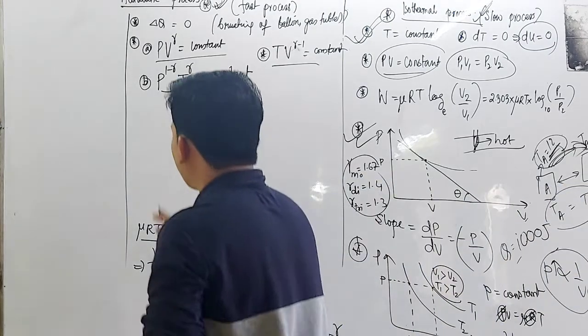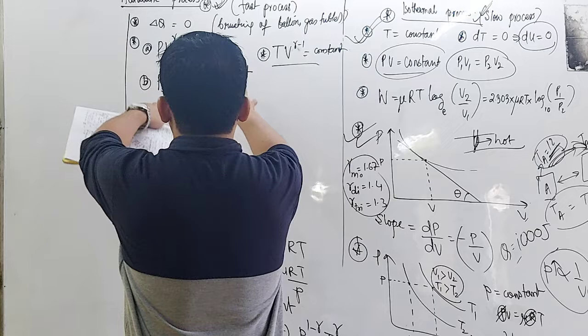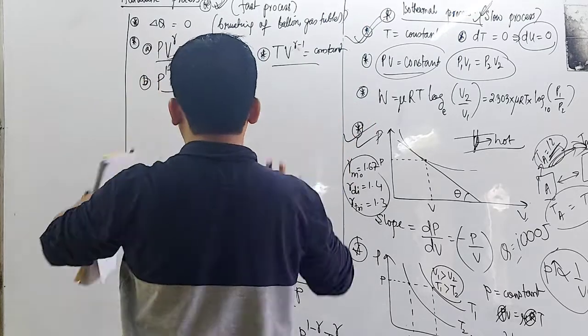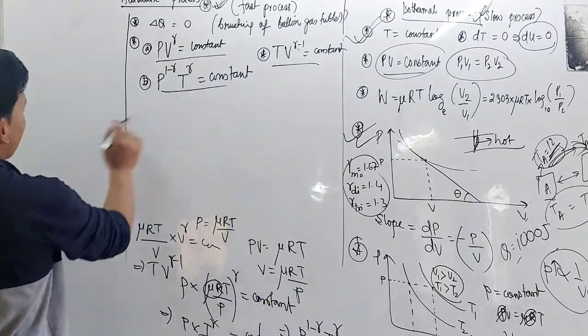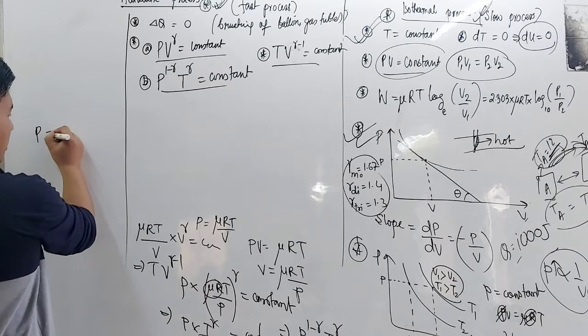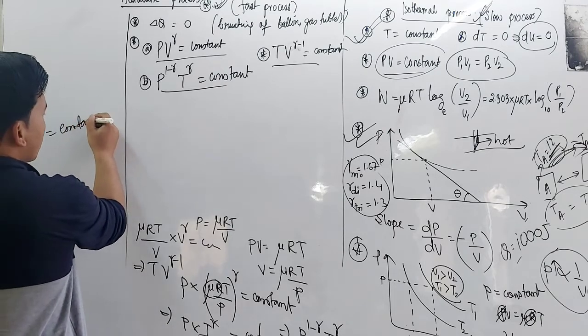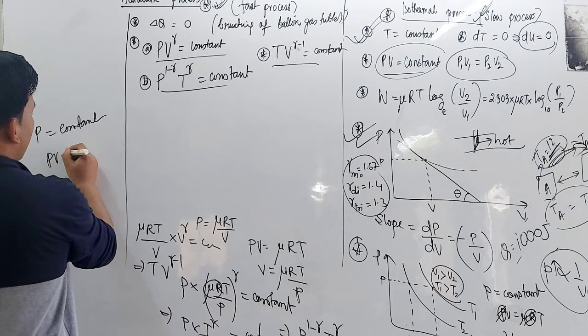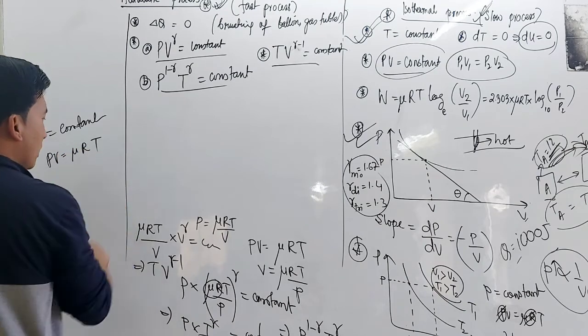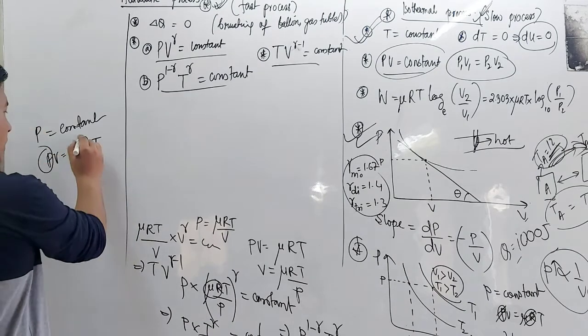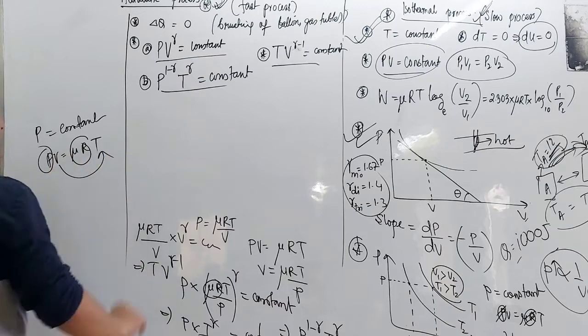Let me repeat it for better understanding. Pressure is constant. What was the equation of state? PV is equal to mu RT, right? If pressure is constant, we consider only volume and temperature.